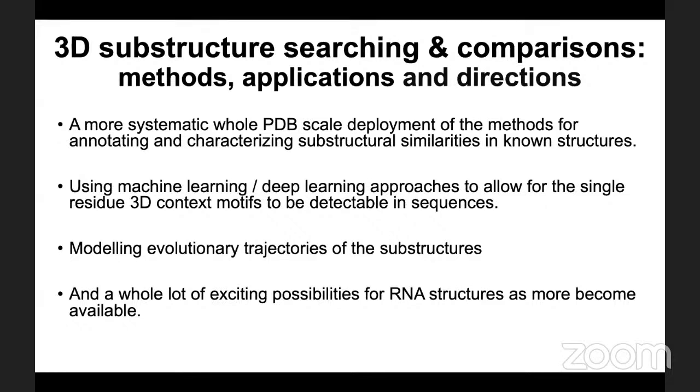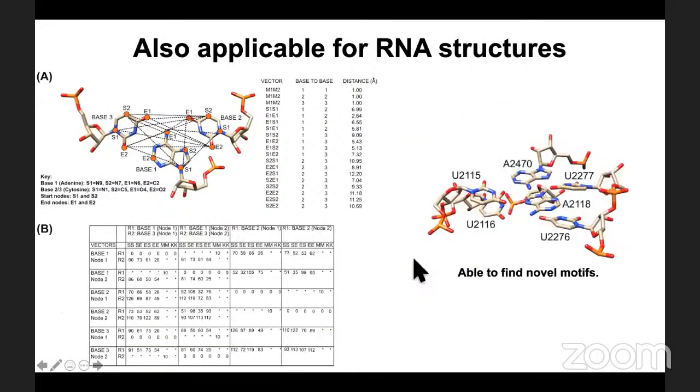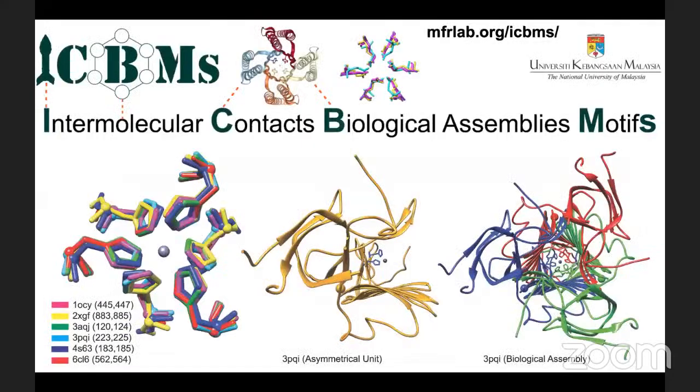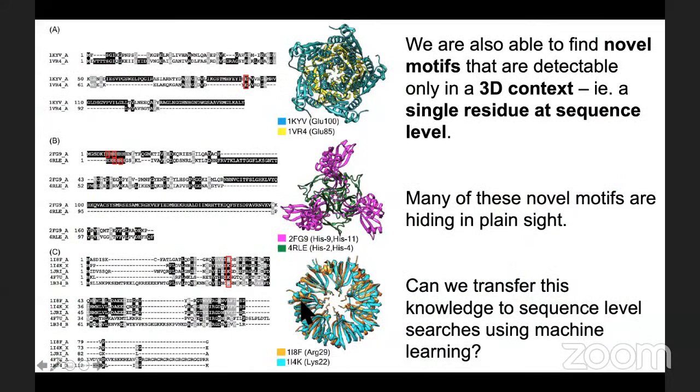And again, using this method, it would be quite interesting if we could model the evolutionary trajectories of the substructures. One example that I would like to show for that is this example here. Let me go back a bit here. You can see here a very conserved fold for these seven subunits.